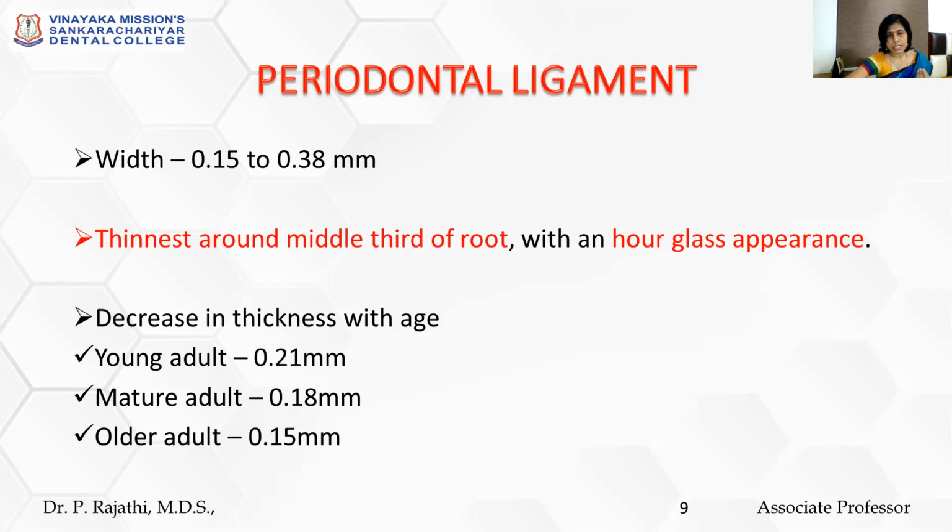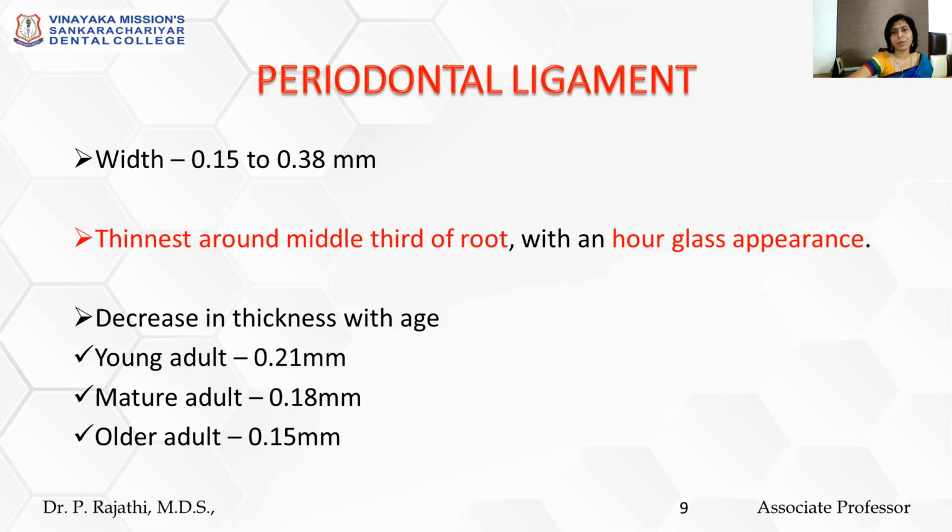Because it's thinnest around the middle third, it has an hourglass appearance. If you can see the hourglass, it is constricted in the center and bulged at the top and bottom. In the cervical and the apical region it is wider, and thinnest in the middle third of the root, with an hourglass appearance.